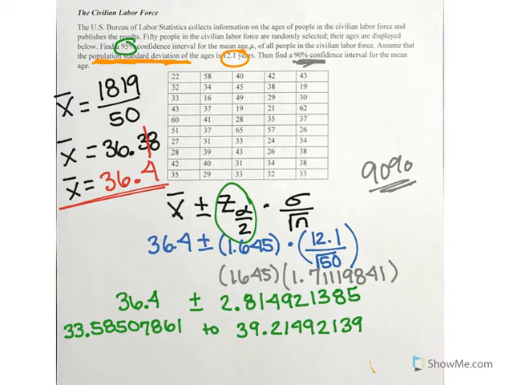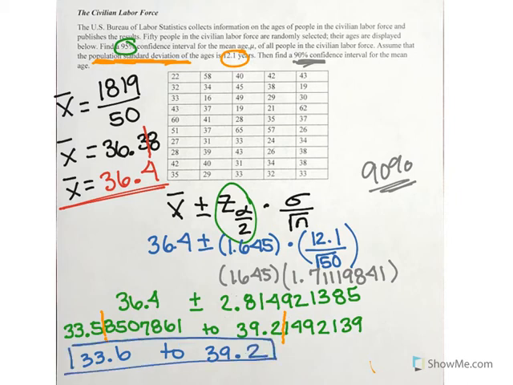So again, we're going to do one number behind the decimal. So that would give us 33.6 to 39.2 as my interval. And this is with 90%.